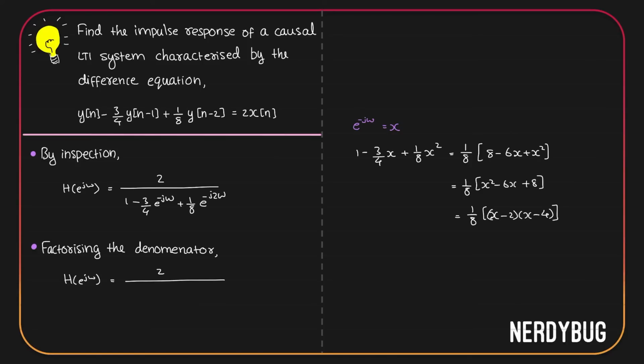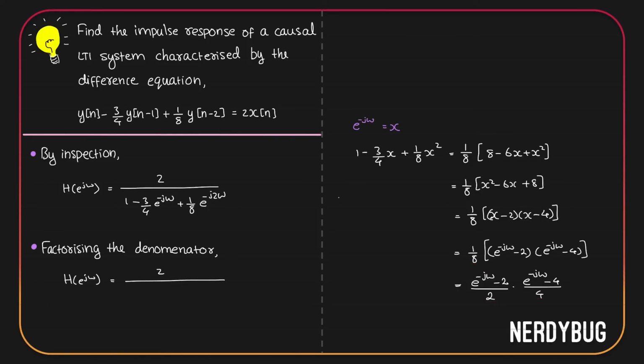Since x is e raised to minus j omega, we can write it like this: 1 by 8 e raised to minus j omega minus 2 multiplied by e raised to minus j omega minus 4. We can write it like this: I have written 8 as 2 multiplied by 4.